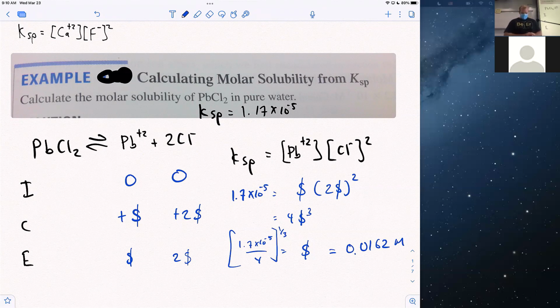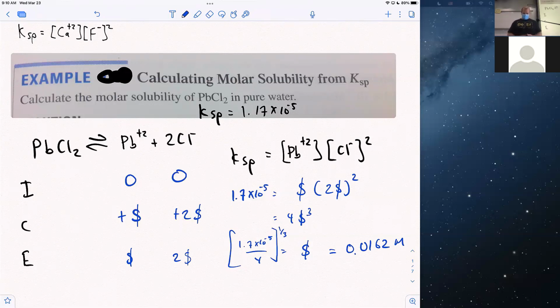Okay, so recap for this one. We have a sparingly soluble salt, so lead chloride in equilibrium with lead and 2 chlorides. And so we want to know how much will dissolve in water. So we set up our equilibrium, initial change equilibrium. We increase the lead ions by 1 factor of solubility. Think of it as one of the extended reactions.